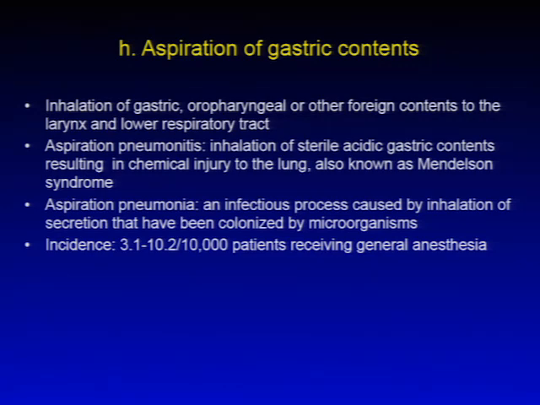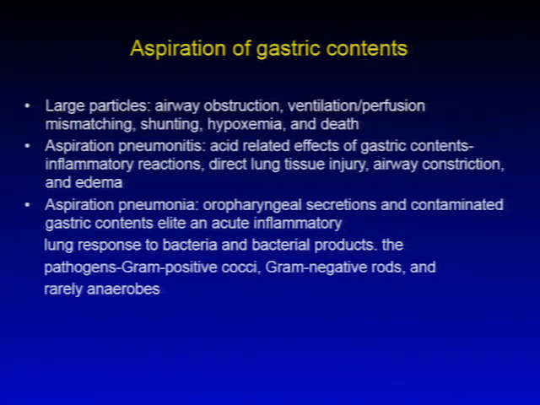Aspiration pneumonia is an infectious process caused by inhalation of secretions that have been colonized by microorganisms. The incidence is around 3.1 to 10.2 per 10,000 patients receiving general anesthesia. Large particles could cause airway obstruction, ventilation perfusion mismatch, shunting, hypoxemia, and death.